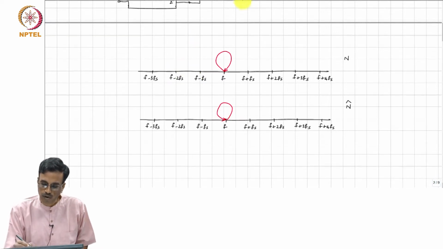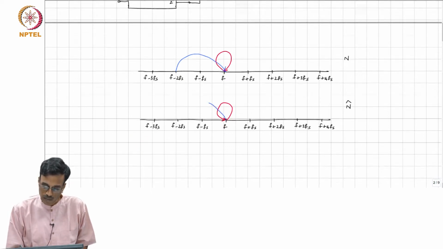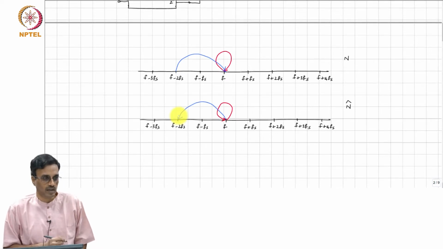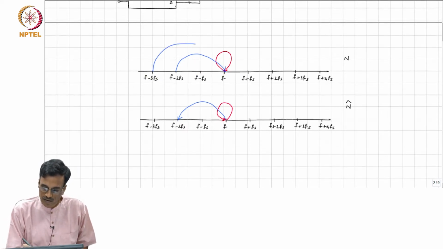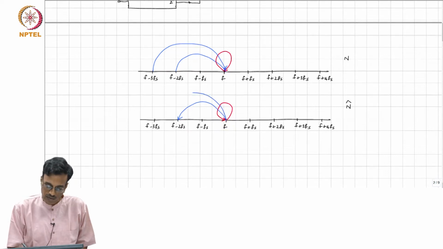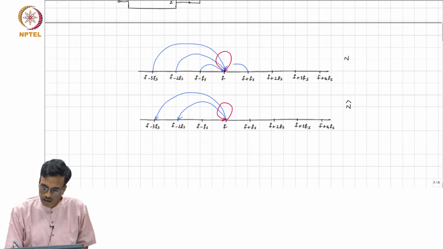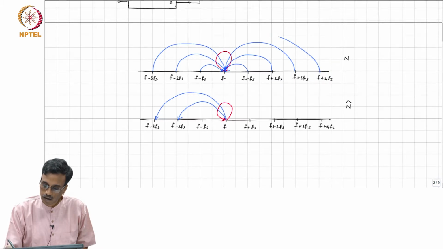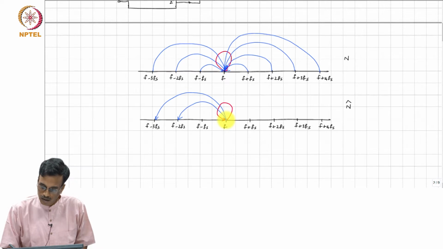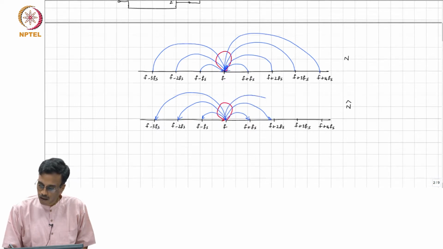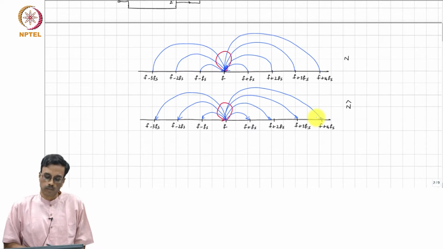The transfer function from f minus 2 f s to f is the same as the transfer function from f to f minus 2 f s, from f minus 3 f s to f is the same as the transfer function from f to f minus 3 f s, and so on.